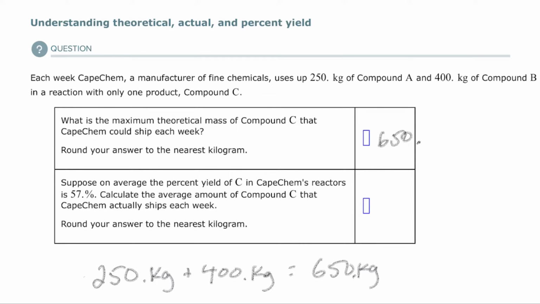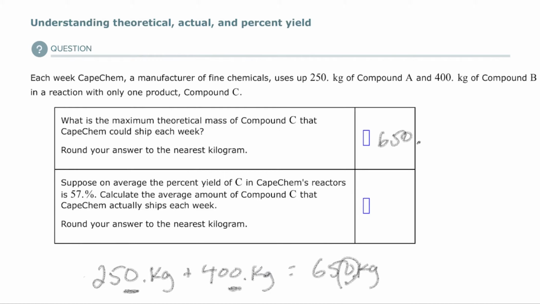Now, notice that I've got this down to the tens, and when I add them, since I have 250 kilograms to the ones place, and 400 kilograms to the ones place, my significant digits would be to the ones. That means I need this significant to the ones.